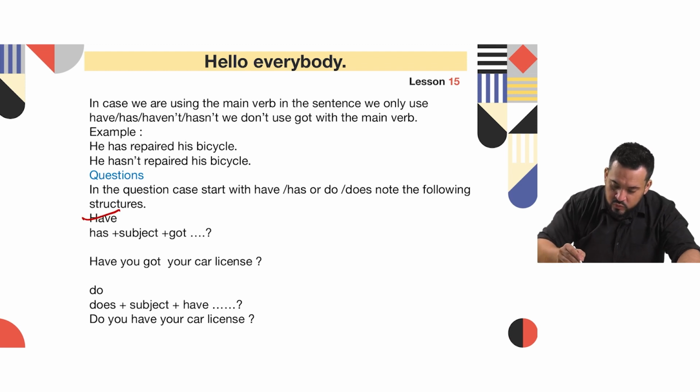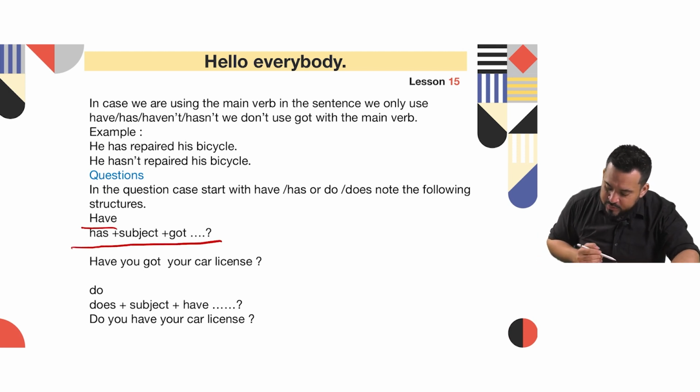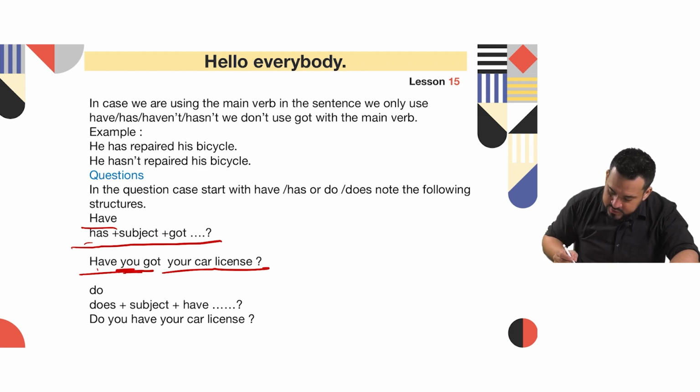Okay, so let's take a look. Have, you structure has plus subject plus got. So that will be, have you got your car license? Have or has plus the subject, you. This is the subject. You is a subject, and got. Have you got?